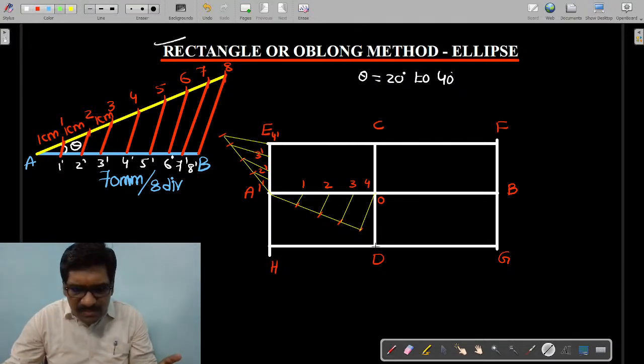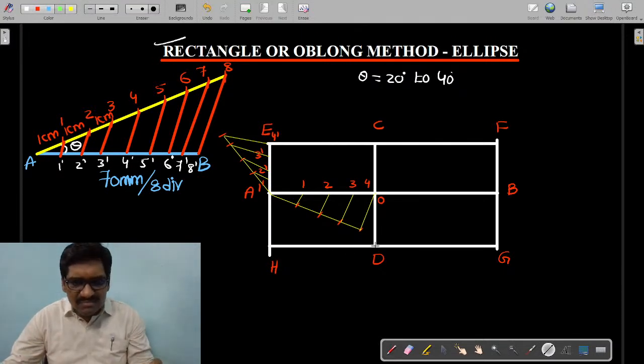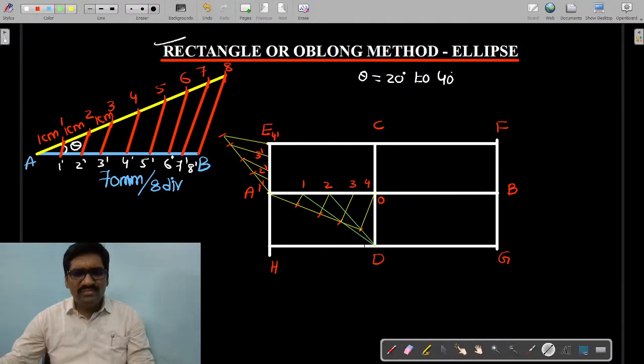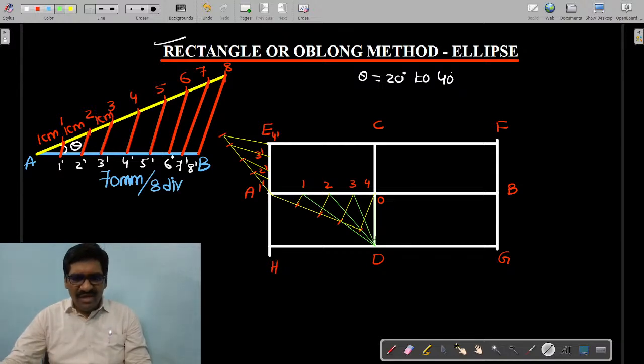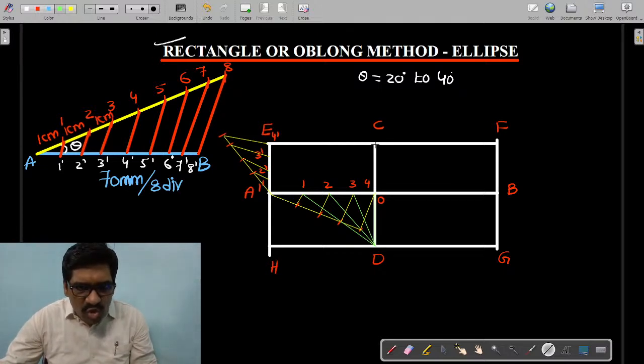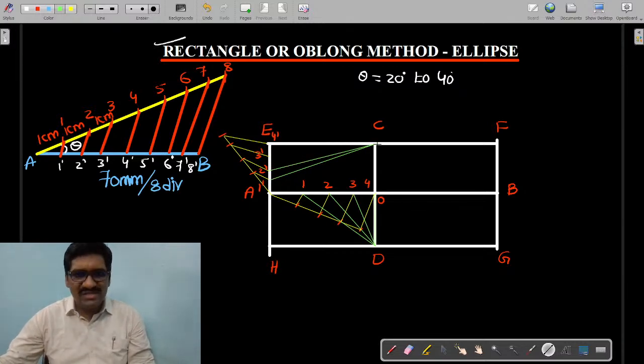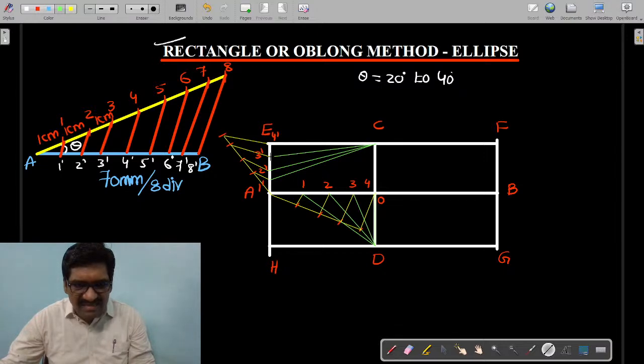From this point B, draw a line joining 1. Next D2, 2. D2, 3. D2, 4. Already we have a line, no need to join, no need to extend. Now join C to 1 dash, C 2 dash, C 3 dash.